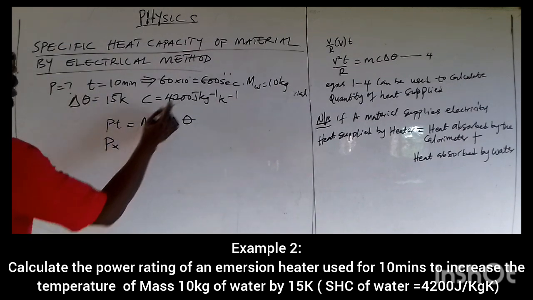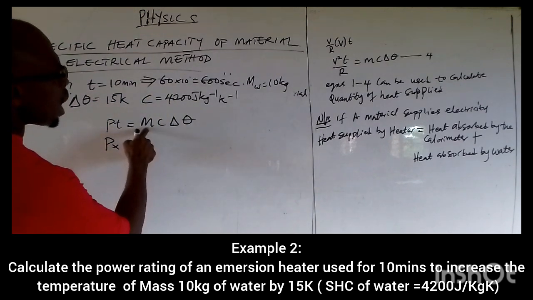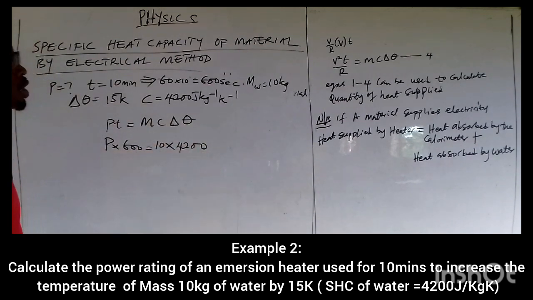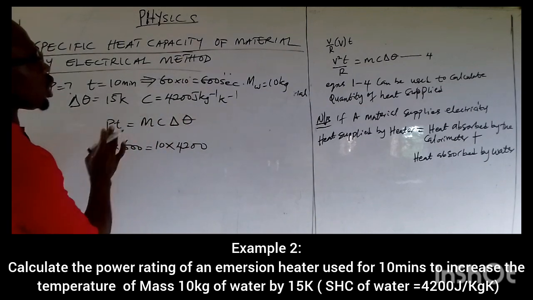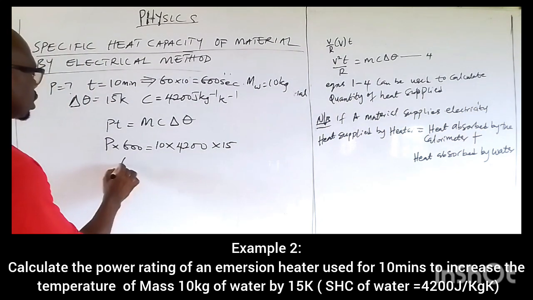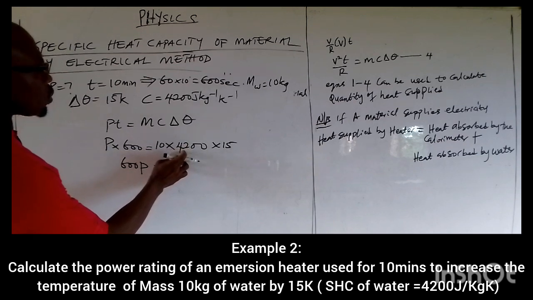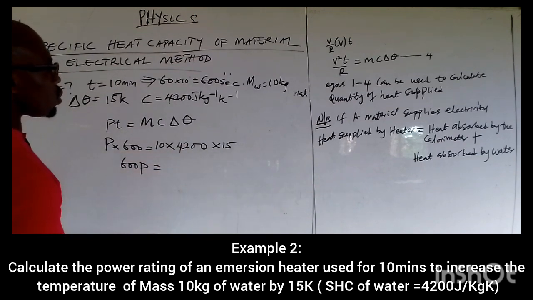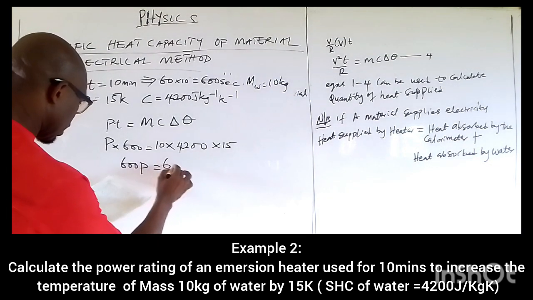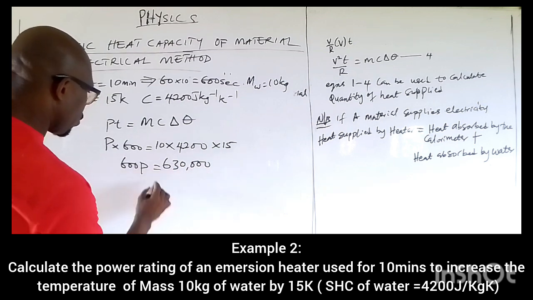P times time. Time is 10 minutes, which is 600 seconds, equals mass 10 times specific heat capacity 4,200 times the temperature change, 15, which will now give us 600P is equal to 10 times 4,200, which gives 42,000. 42,000 times 15, by calculation, will give us 630,000.